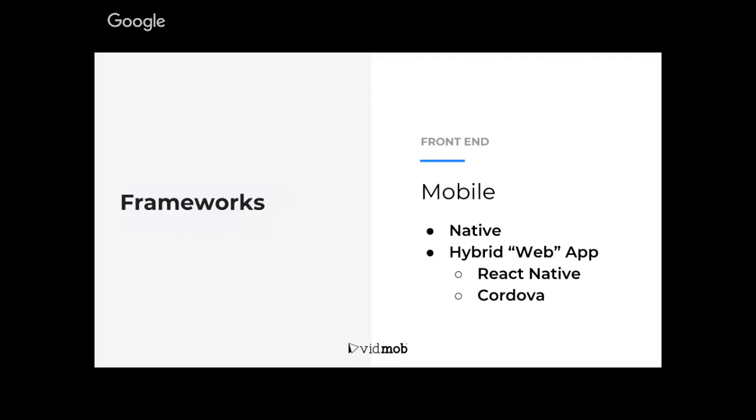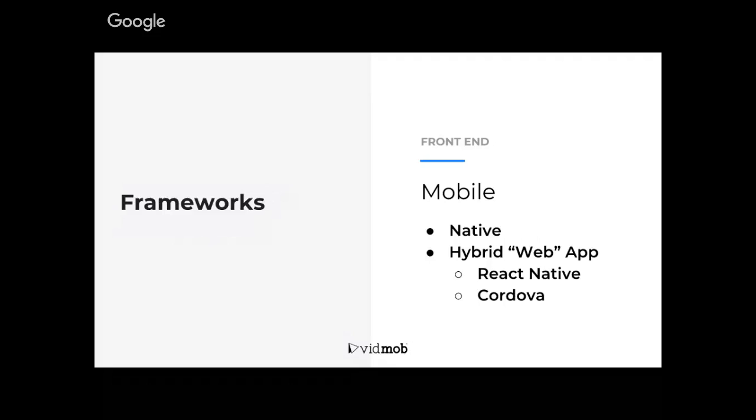On the mobile side for frameworks, there's, of course, the native environment, IDEs, and the languages for that mobile platform, building specifically for it. But then you could get into building hybrid web applications. And I say web in quotes because they're not necessarily building directly with web. React Native, for instance, is using the languages of the web, but building it into an actual native application that runs cross-platform, iOS and Android.